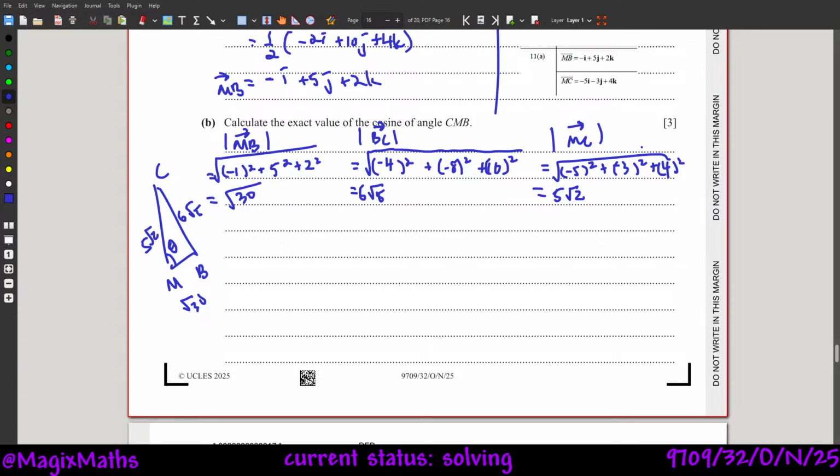But let's just proceed. So using the formula c squared equals a squared plus b squared minus 2ab cos C, we will have angle equals the inverse cosine of (a squared plus b squared minus c squared) over 2ab.